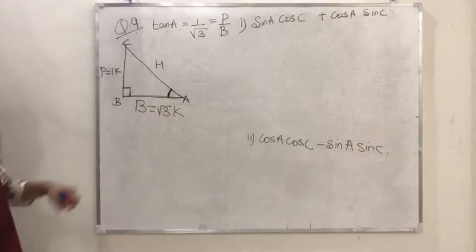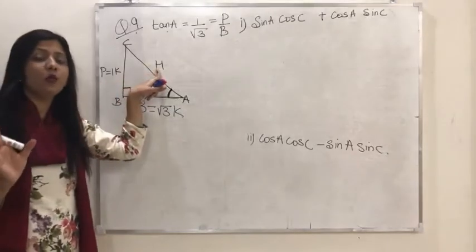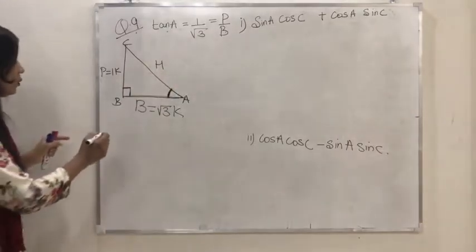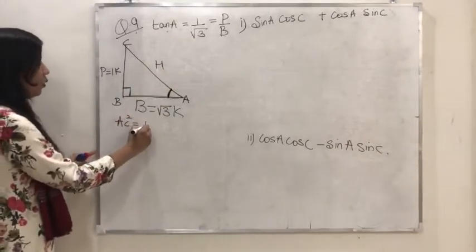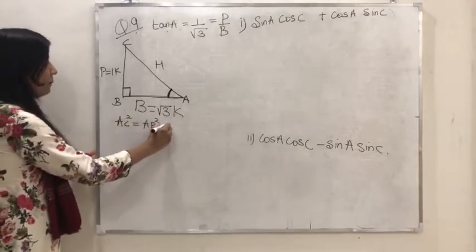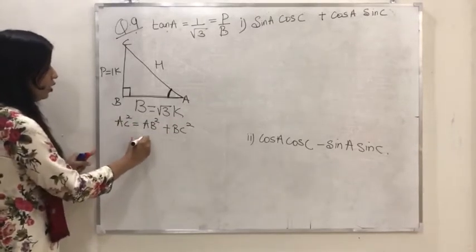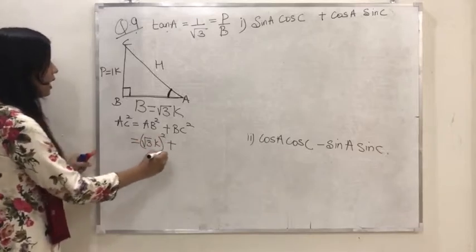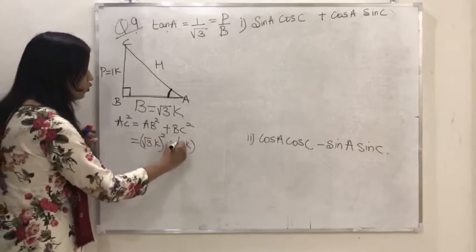With the help of Pythagoras theorem, what I will do, I will find the value of hypotenuse. So according to Pythagoras theorem, AC square is equal to AB square plus BC square. So it will be root 3K whole square plus BC, that is 1K whole square.